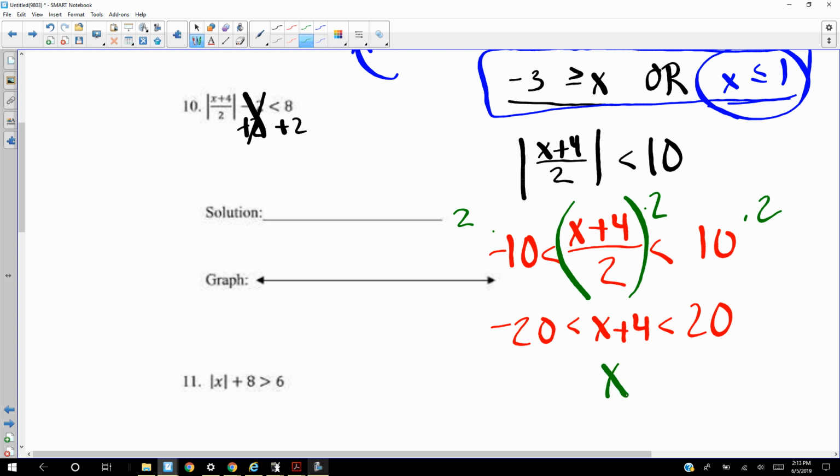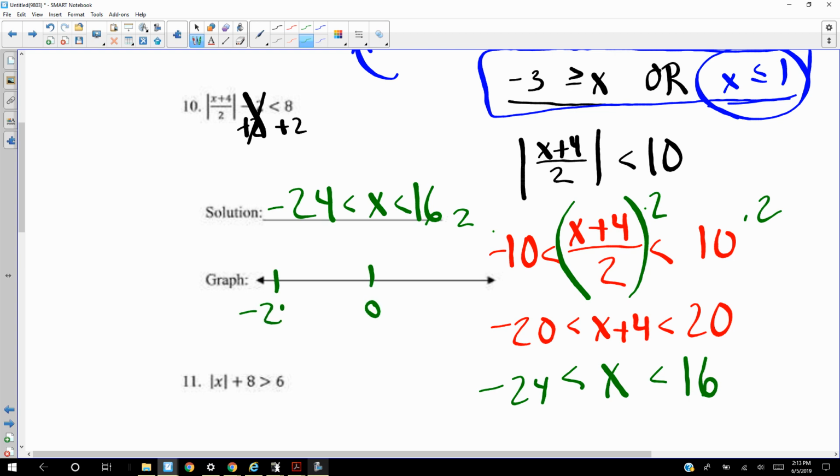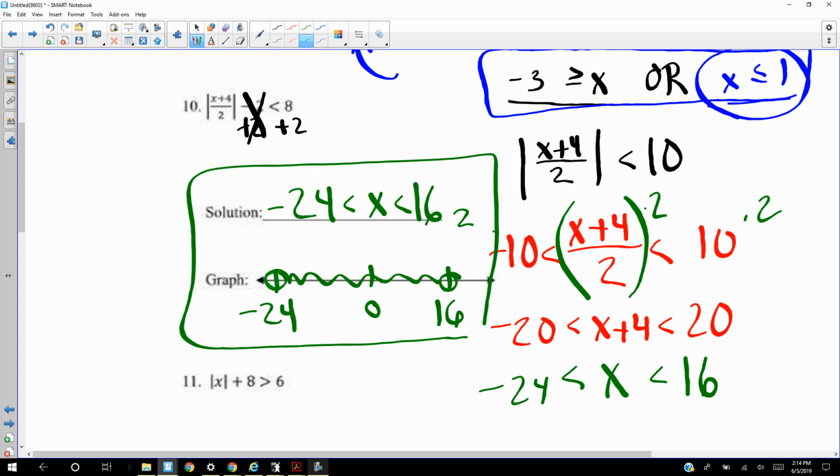And then just subtract 4 from all 3 sides, and we've isolated the x. So I'm going to estimate quite a bit, negative 24, somewhere over there, positive 16, somewhere over here. And they're both open dots, because there's no or equal to symbol. There's our solution as an inequality and graphically.